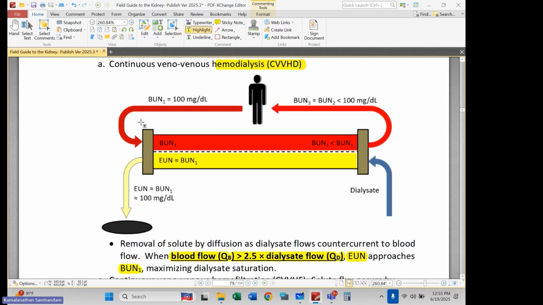Meaning my BUN on this side doesn't drop. It's functionally 100 milligrams per deciliter, and my effluent emerges near fully saturated as long as my blood flow rate is 2.5 times my dialysate flow rate.